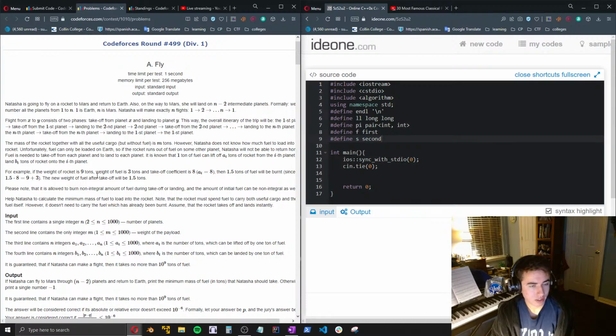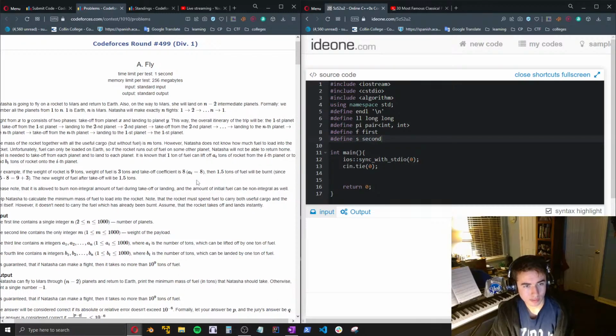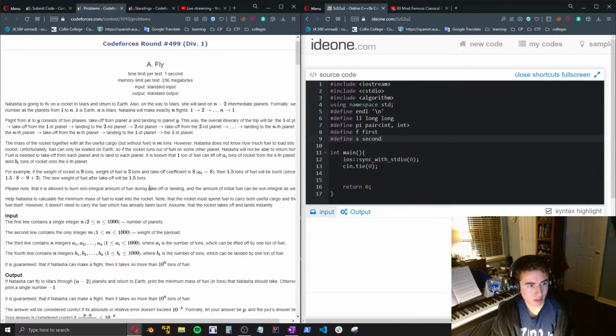The weight of the rocket is 9 tons, the weight of fuel is 3 tons, the takeoff coefficient is 8. Then 1.5 tons of fuel will be right. 1.5 times 8 is equal to 9 plus 3. I see. You can burn non-integral amounts.